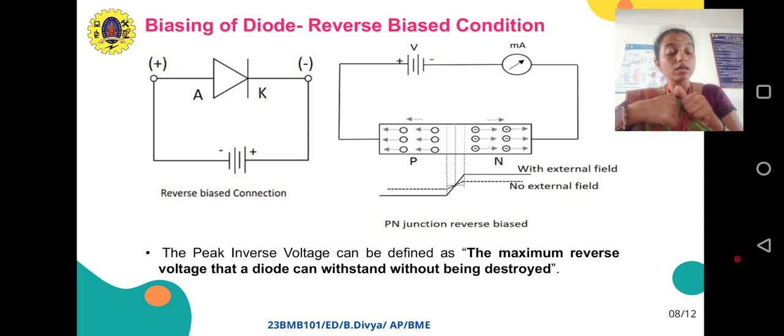It is the maximum inverse voltage, that is, reverse voltage or negative voltage, that a diode can withstand. It occurs only in the reverse bias condition.